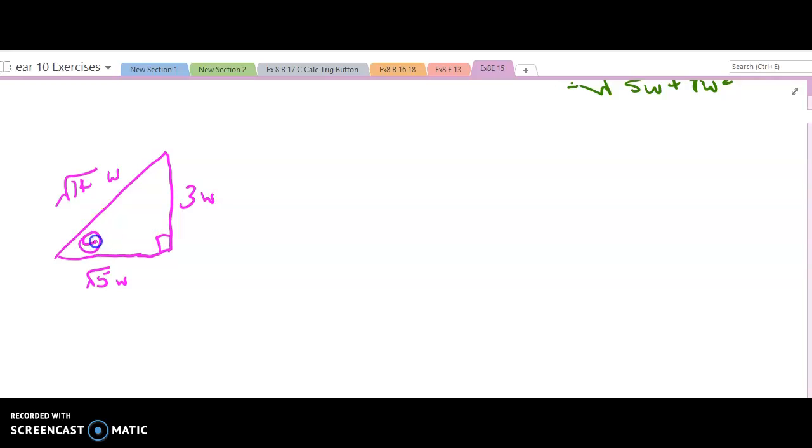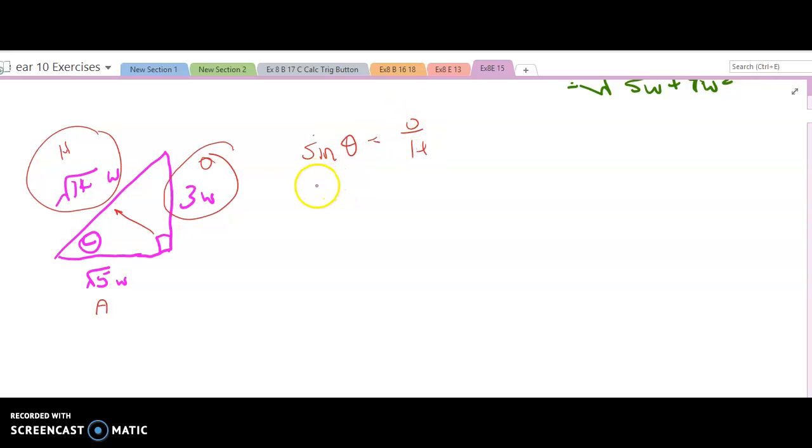Keep in mind this is 3W and this was root 5 W. We want the angle that it makes with the base to the top. So labeling, we have the hypotenuse. Always do the hypotenuse first, which is always opposite the right angle. I always like to do the adjacent next, and then of course that leaves me with the opposite. I'll do O and H. So that's sine theta equals O over H, sine theta equals 3 over root 14.